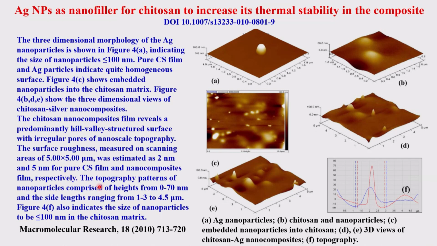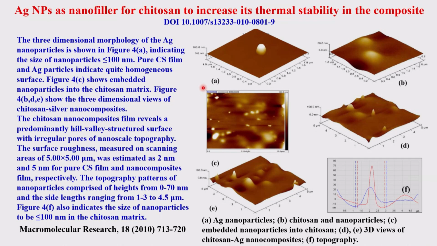So the pure film is showing 2 nanometer roughness and the composite is showing 5 nanometer, which means the composite definitely has the AgNPs embedded in it, and you can always see that. And the area is 5 micron by 5 micron.